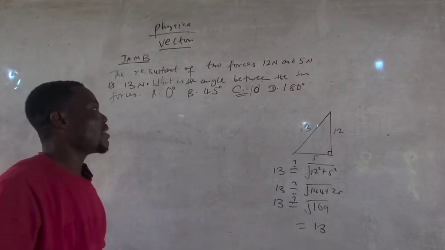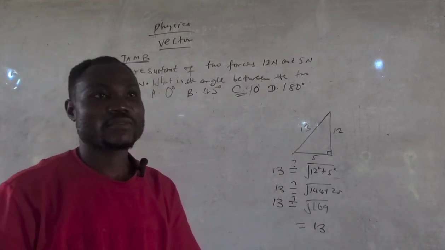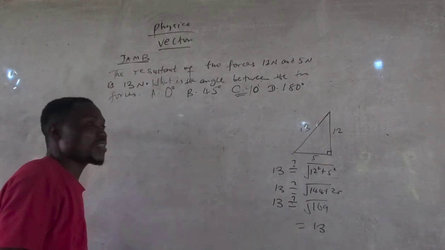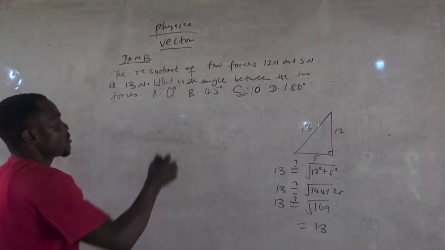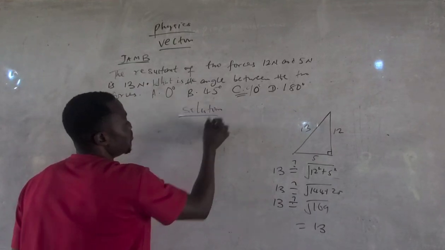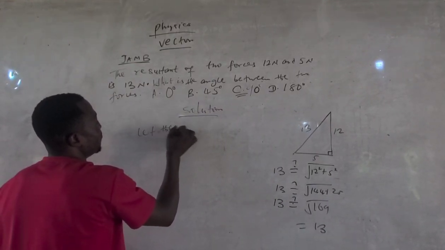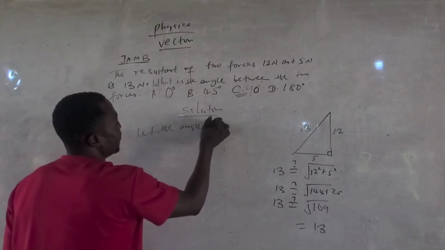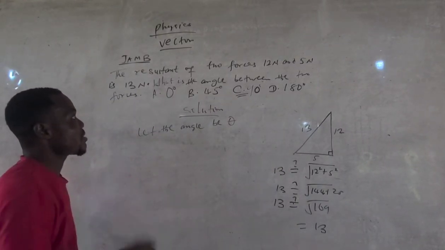Okay, now let's solve using the cosine rule. Let the angle between the two vectors be theta.